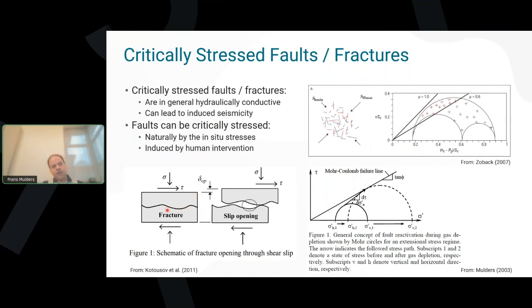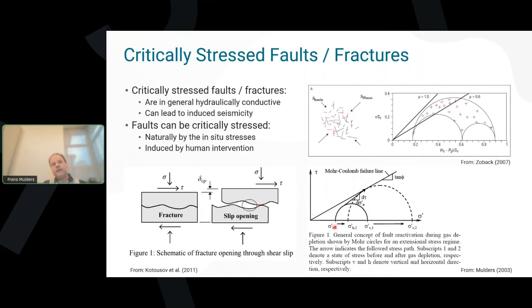This picture down here shows you why a critically stressed fault is hydraulically conductive, because if a fracture or fault moves and it has a bit of an irregular surface, there can be a dilation, and when it moves, the fault can remain open for a while. Depends on how brittle or ductile the rock is. But then in that period that it's open, it can actually leak fluids.